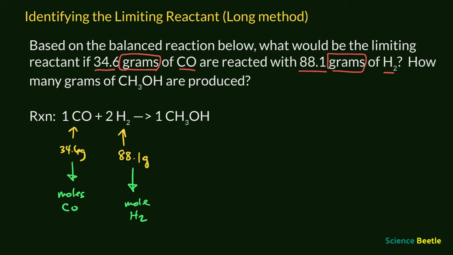Once we know the moles of each one at the start, we also need to figure out how much of the other compound do we have or do we need in order to fully react. Once we figure this out, we're essentially going to be in a position where we're going to take the moles that we have versus the moles that we need, and then you can take the difference and you should be able to identify the limiting reactants there.